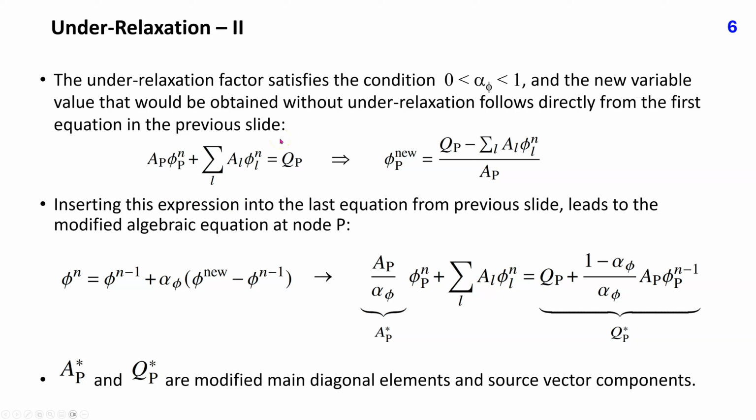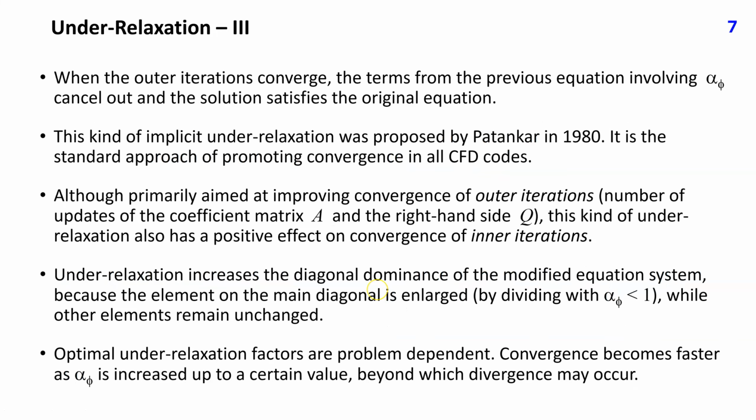The under-relaxation factor takes values between 0 and 1. When the outer iterations converge, the terms from the previous equation involving alpha_phi cancel out, and the solution satisfies the original equation. This kind of implicit under-relaxation was proposed by Patankar in 1980. It is the standard approach of promoting convergence of outer iterations in all CFD codes.